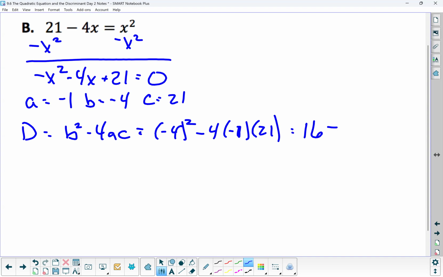So I'm subtracting -84, which is the same as adding 84. 16 plus 84 is 100.